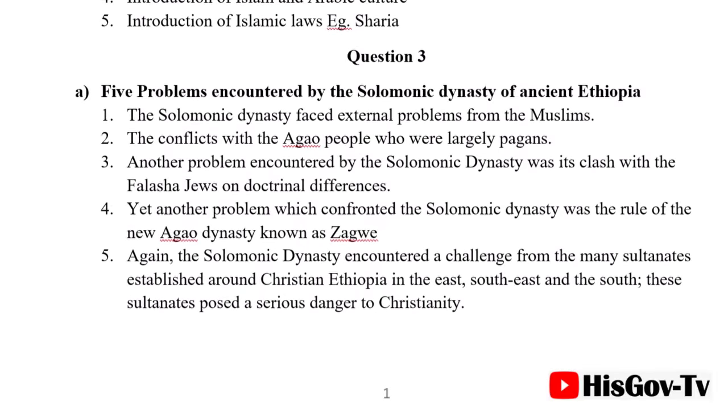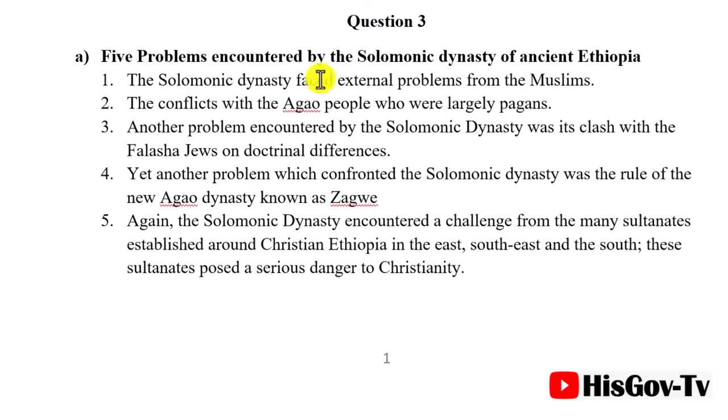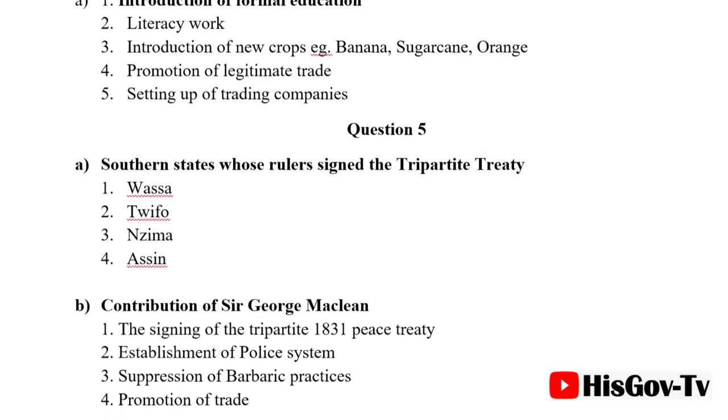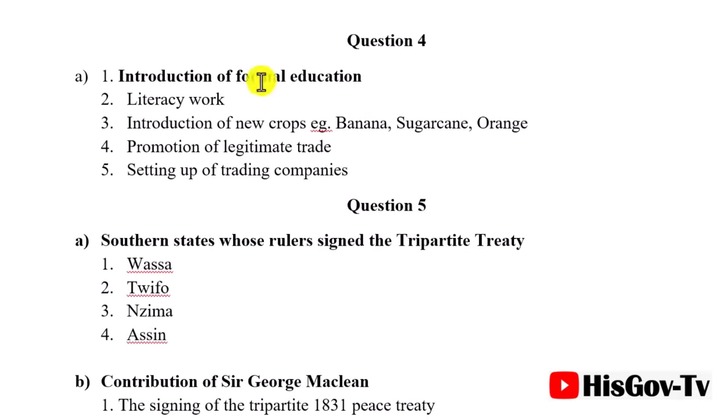Then we have question number 3, 5 problems encountered by the Solomonic dynasty of ancient Ethiopia. They are all also here. These are just points, as I have already indicated, so you just have to elaborate on them. We go to 4. 4 says, these were how the missionaries' activities improved the socio-economic development of the Gold Coast.